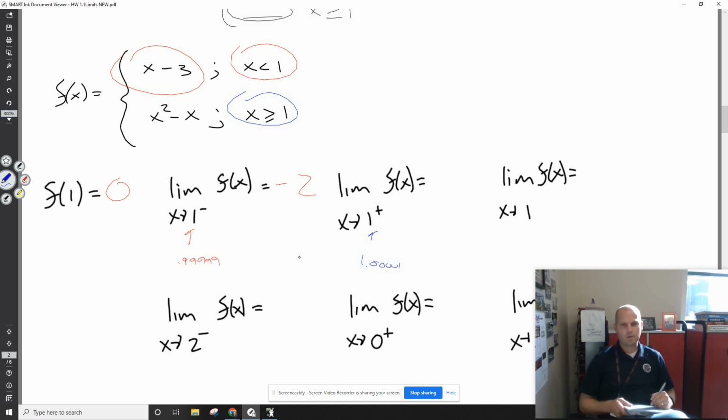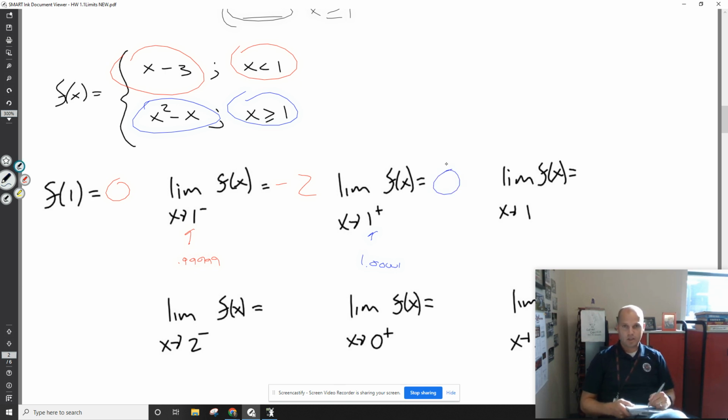So don't plug in 1.00001 into that, because you don't want to try to square it without a calculator. You know that it's essentially the same. It's going to give you a value that's infinitely close to what you would get if you plugged in 1. That's why we say we are approaching 1 squared minus 1, which is 0.